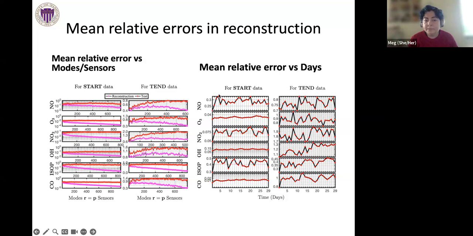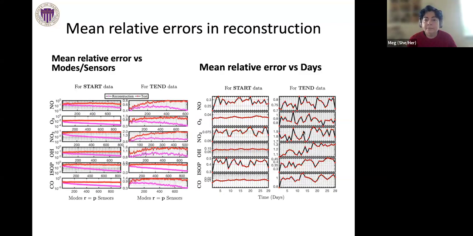From then on, we see that as we increase time, the error sharply increases for some of the chemical species, and then it stays about the same. So the number of days that I'm testing away from the last reconstruction time snapshot does affect my test results.